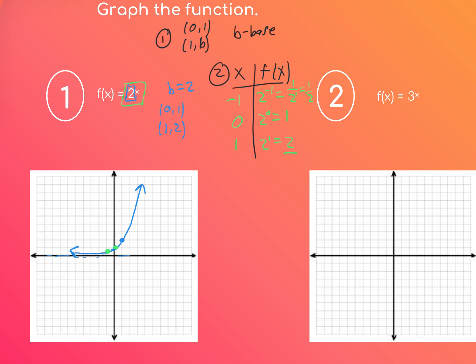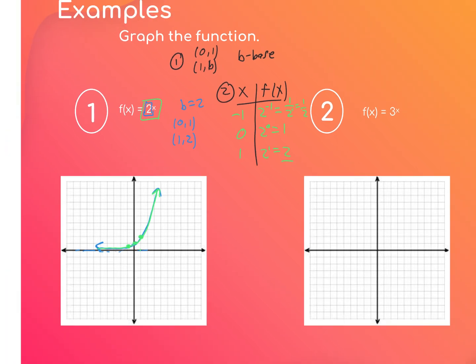So that's where that (1, b) comes from. That gets you something like this, and then we still have that same shape we originally graphed. So it's up to you. If you like working out the table and feel it's more accurate that way, do it that way. Or you can just know (0, 1), (1, b), and if you need more points, pick another value of x to plug in.